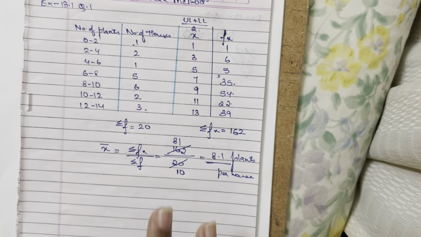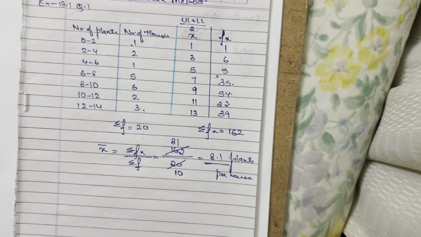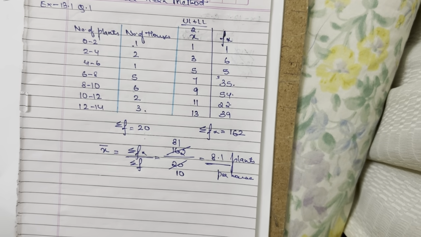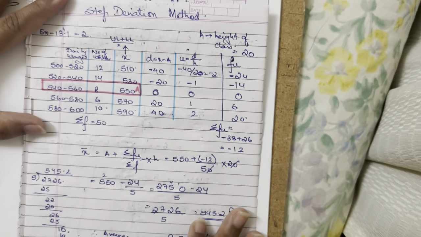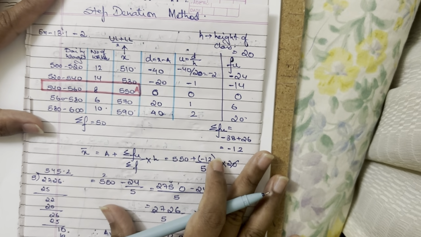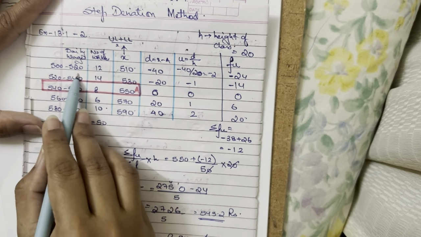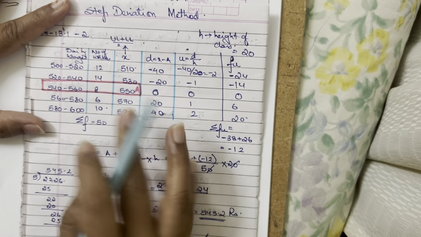Okay, now going to the second question of the exercise, which is a little cryptic. This has been solved separately in the step deviation method video. What we see here is, because the data was very big, you're getting 510, 530, 550, 570 multiplication.